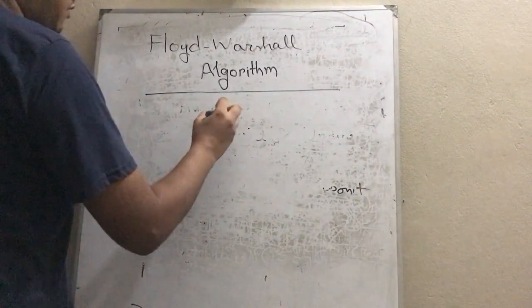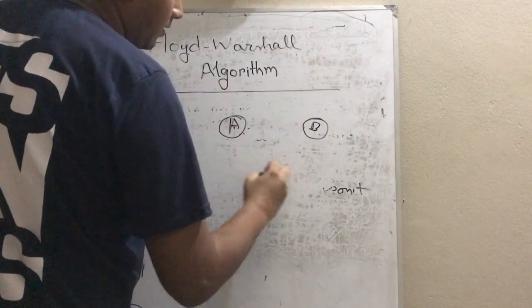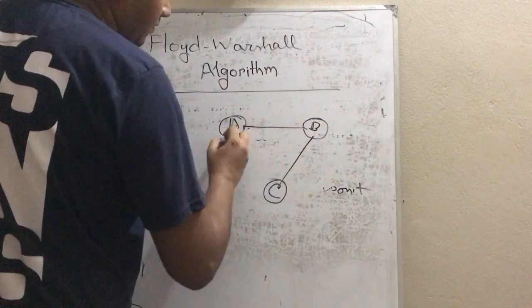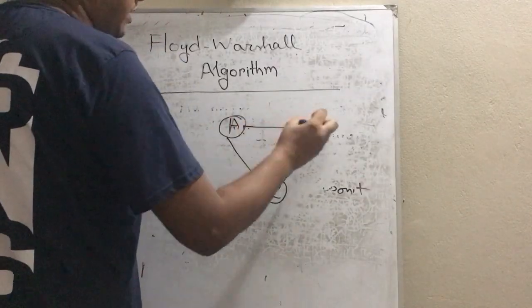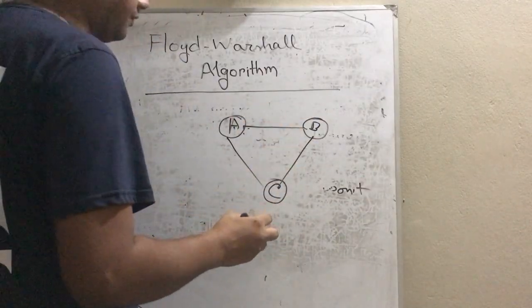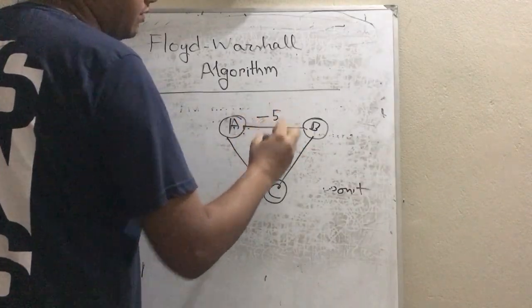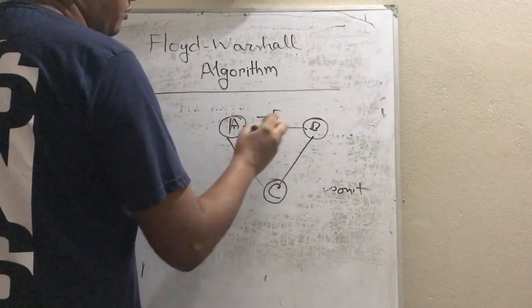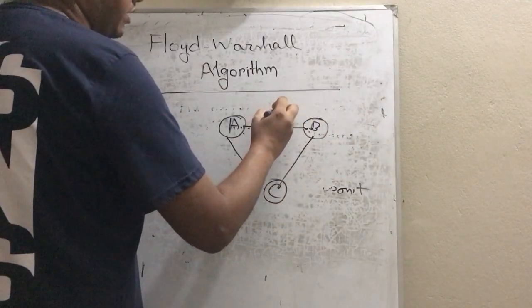Like from A, B, C. Suppose from A to B we lose our energy, minus 5.